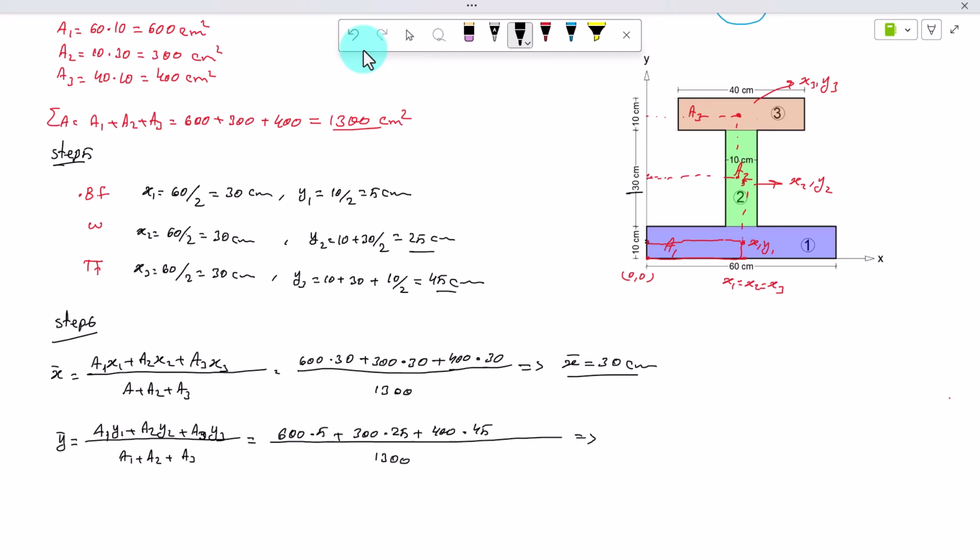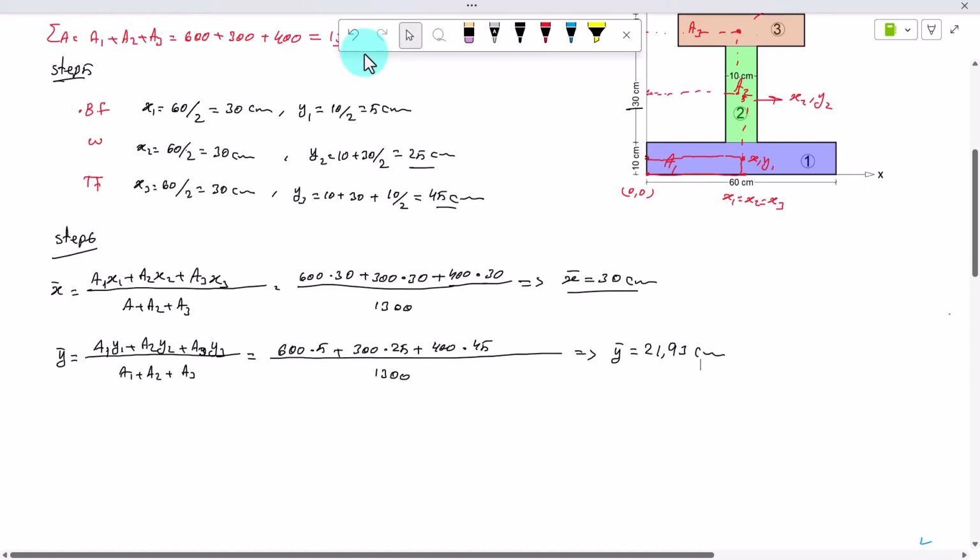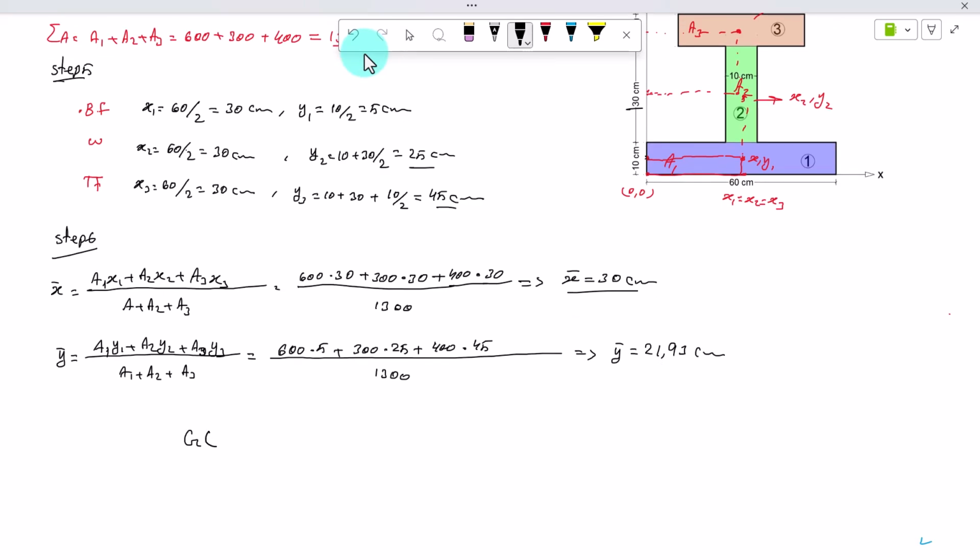If you calculate this part, you can find y bar is 21.93 centimeters.